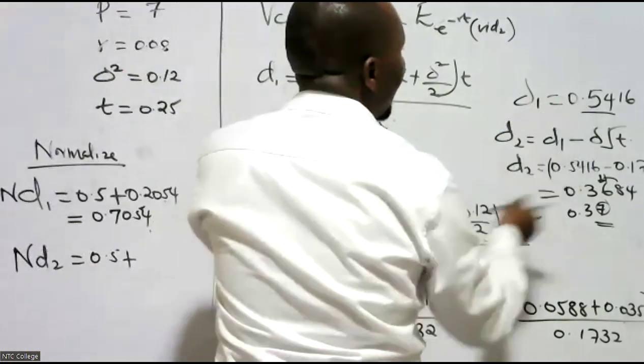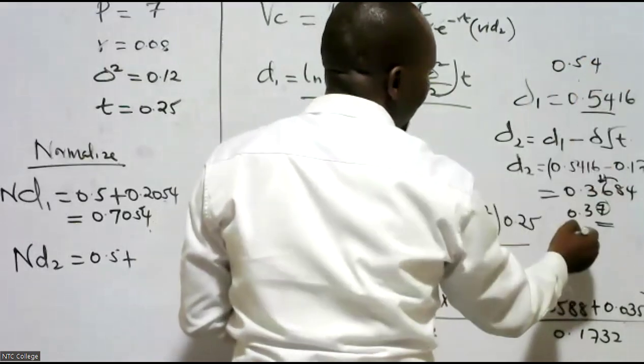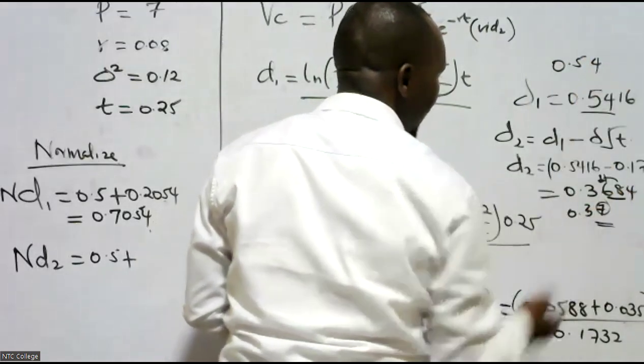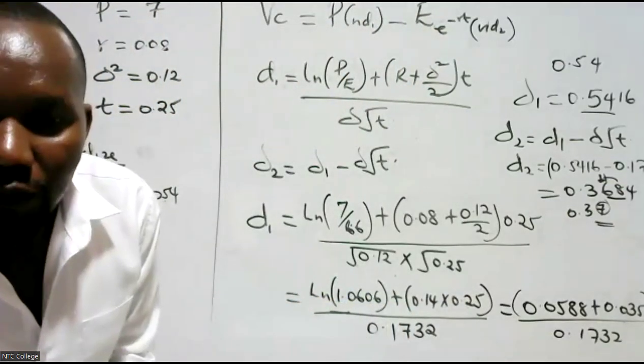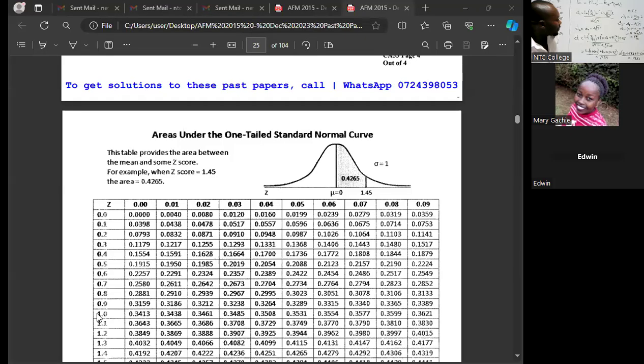Hapa tumechukua 0.54. Hapa 0.37 kwa sababu ya hii. So come to the table. You come to the table. Look for where we have 0.3 and then ufuate 7. So 3 ndio hii. Move up to where there is 7. Across mpaka hapa.